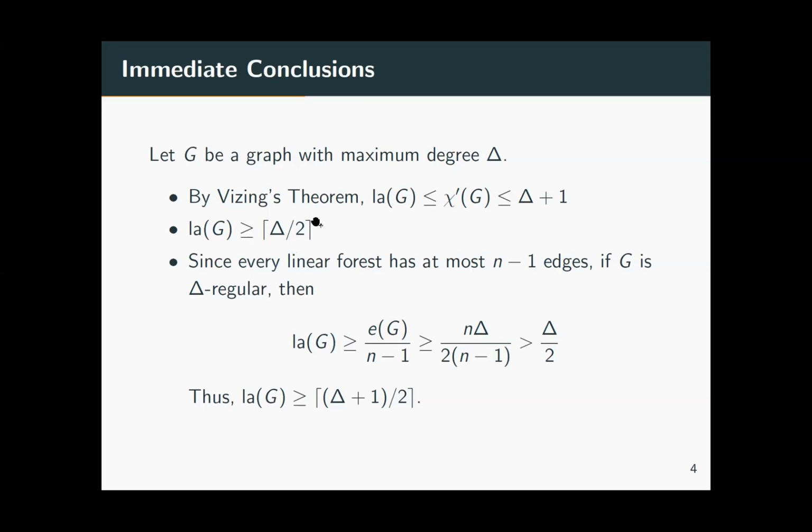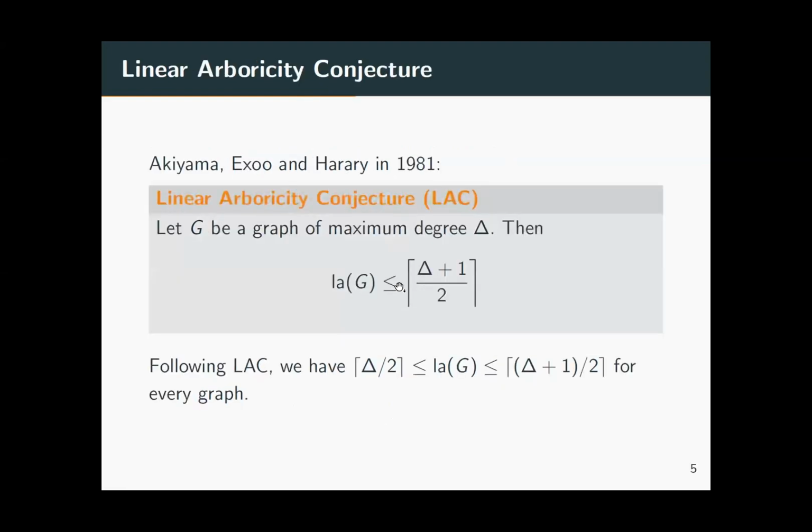And here the ceiling of delta over 2 is for general graphs, right? So it turns out that in 1981, Akiyama, Exoo, and Harary asserted the same upper bound for any graph as in the regular graphs.